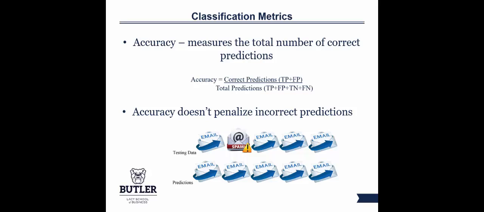So one way to come up with a model that has a really, really high accuracy score is by simply having a model that classifies everything as not spam. If most of what comes through your email is not spam, and you have a classification model that simply says everything that comes in is not spam, it would actually be right like 95% of the time, because most of the emails you get are not spam.